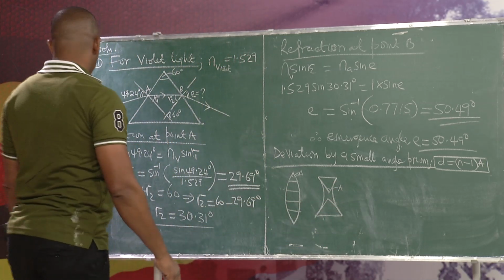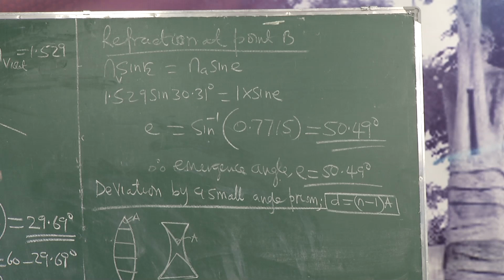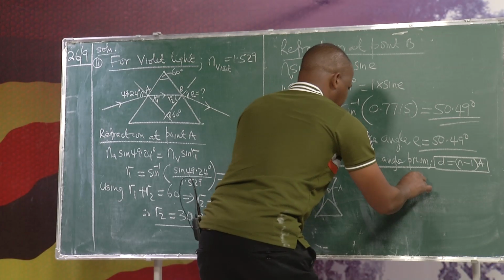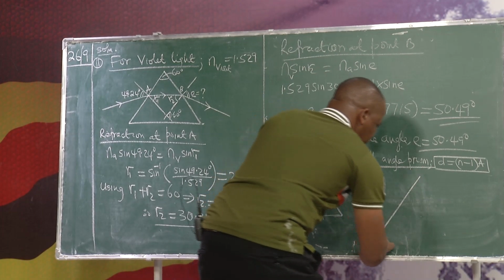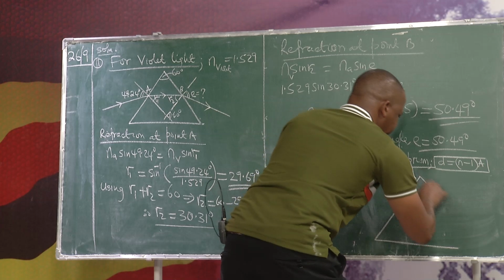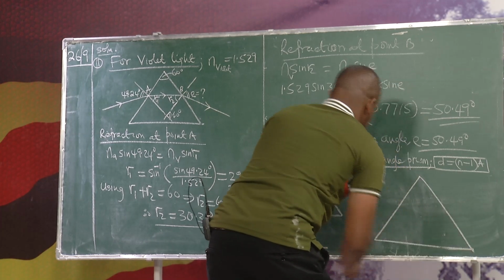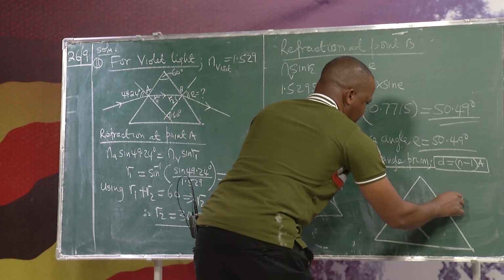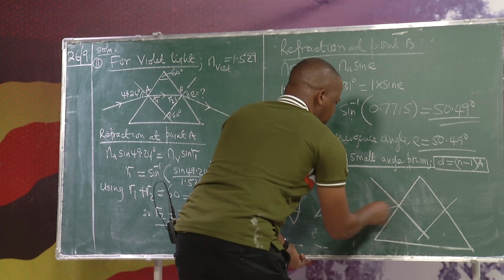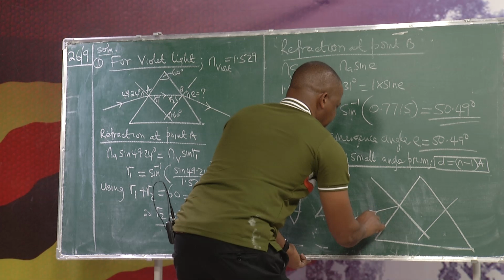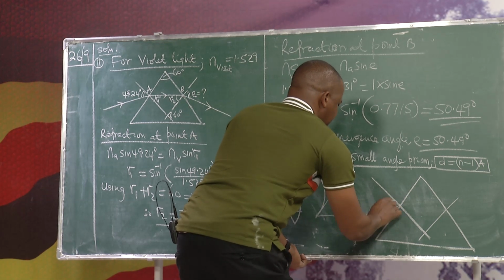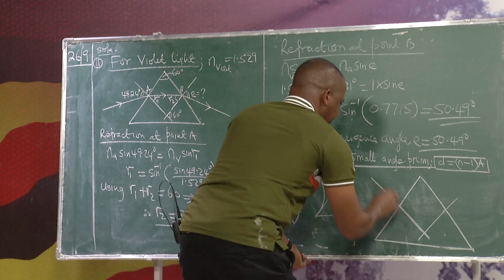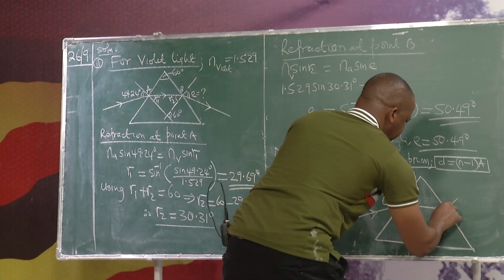Now, we want to derive an expression for the small angle deviation. And therefore, I will put that sketch here so that we can ensure that we are able to get through this derivation in the time that is expected before our lesson for today ends.